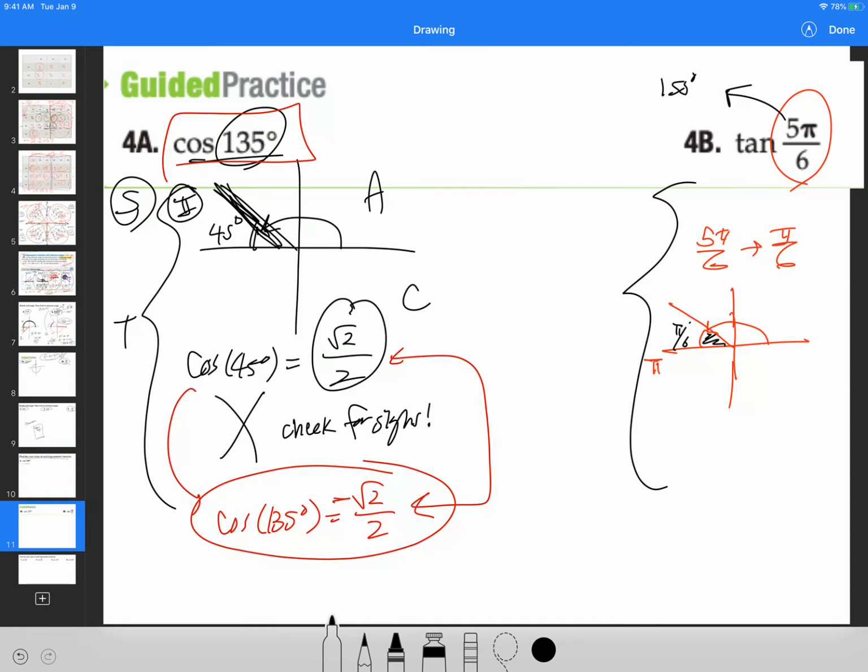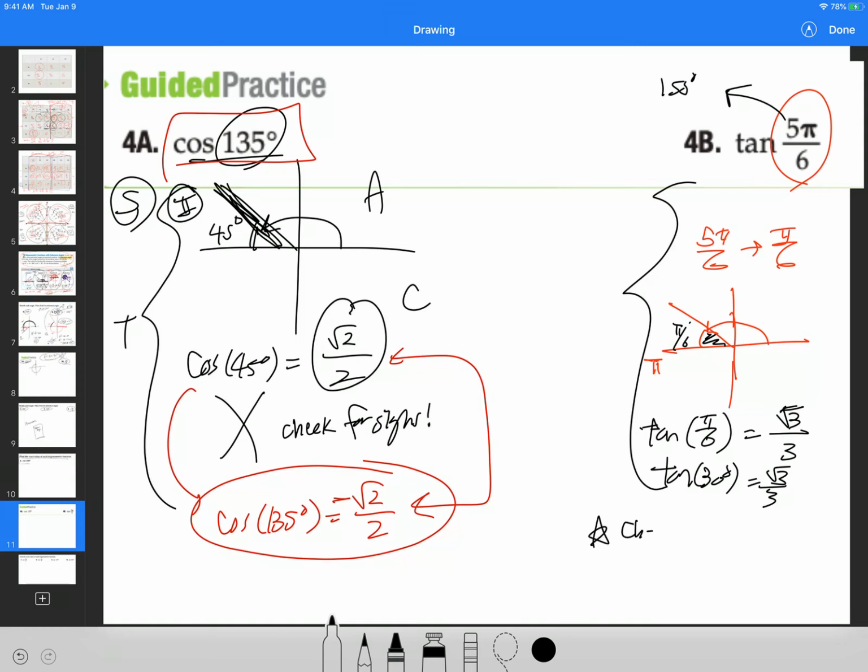For 5 pi over 6, we're finding the tangent value of pi over 6, which should be equivalent to root 3 over 3, I believe. Because that should be the same thing as tangent of 30 degrees, which is root 3 over 3. Now, again, we want to check for signs.